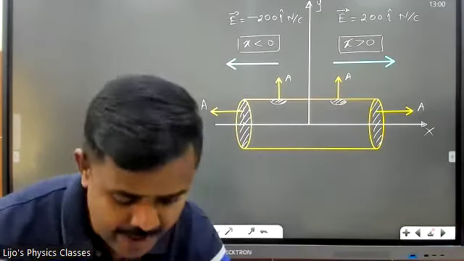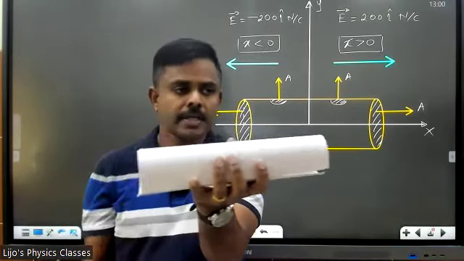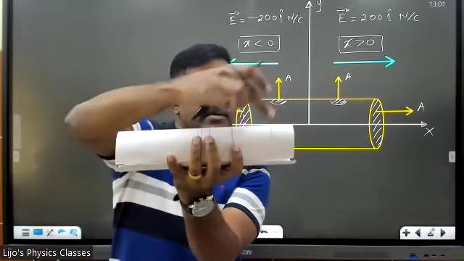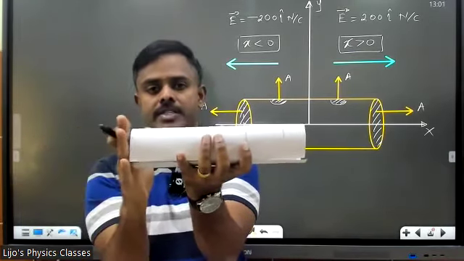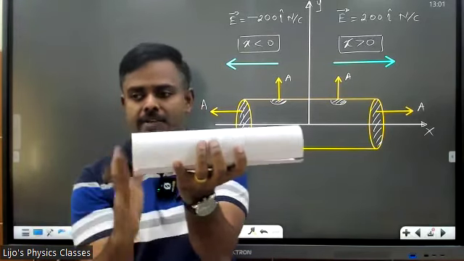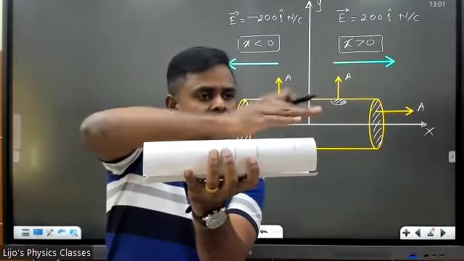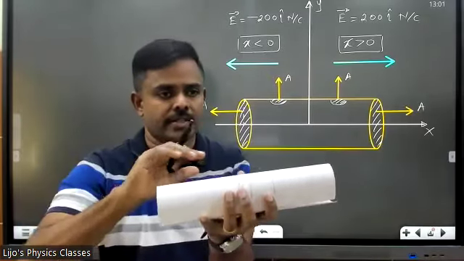So I'm left with 4 surfaces here. This is the cylinder. This is flat surface number 1, curved surface number 2, curved surface number 3, flat surface number 4. Got it? Altogether, how many pieces? One surface area here, one here, one here on the right side of the origin, one area here on the left side of the origin.